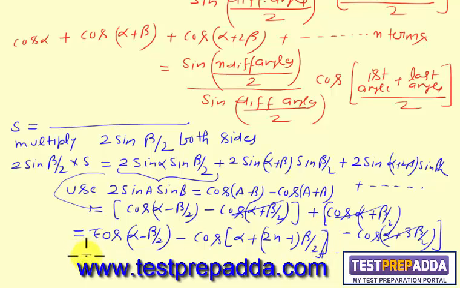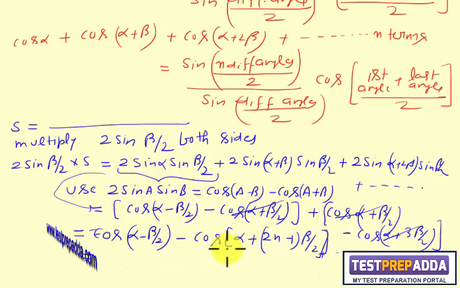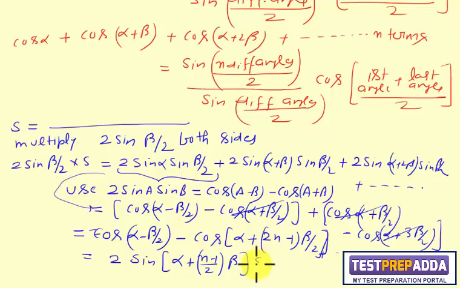Now use here cos C minus cos D. Cos C minus cos D. This way it will come to sine (alpha plus (n minus 1)/2 beta) into sine n beta by 2.